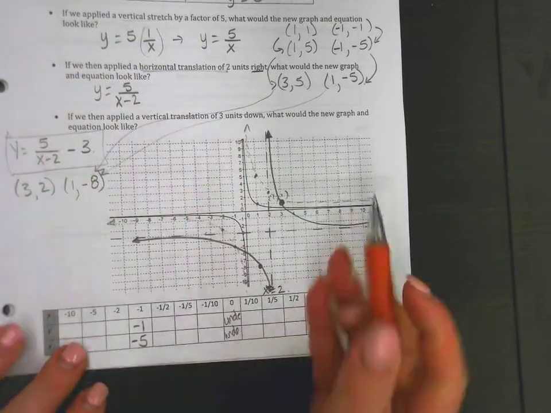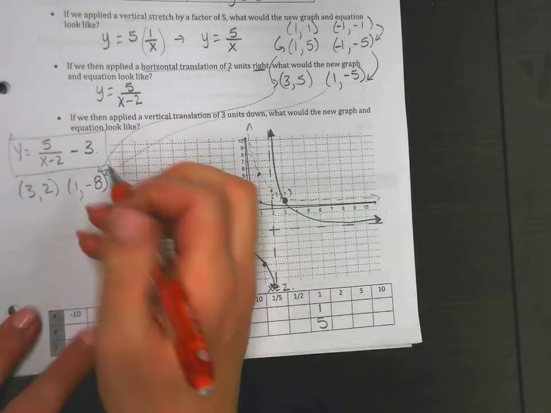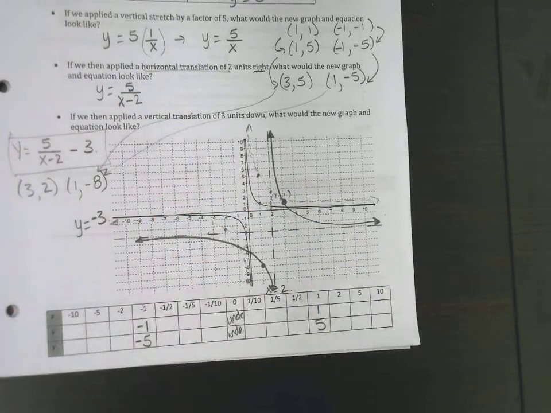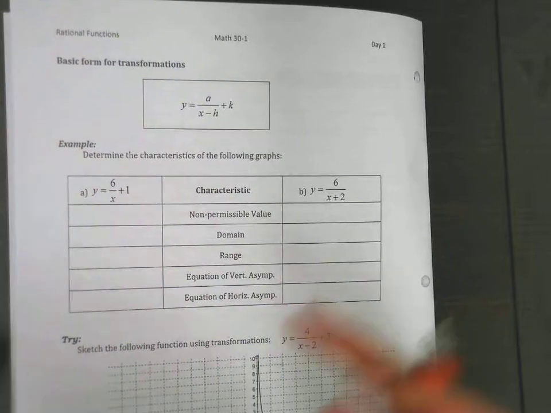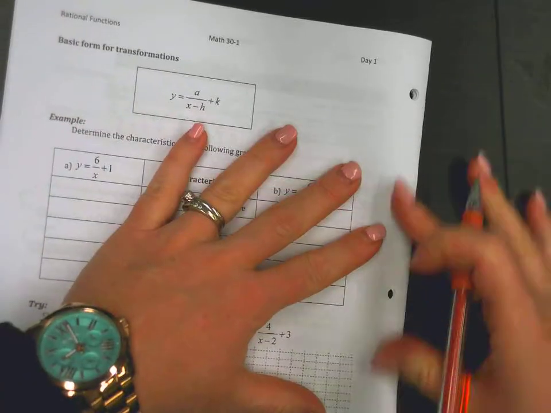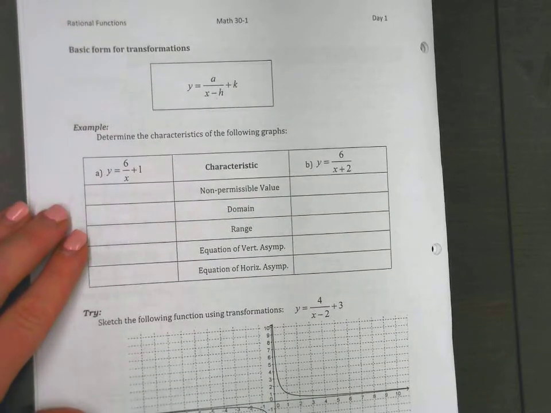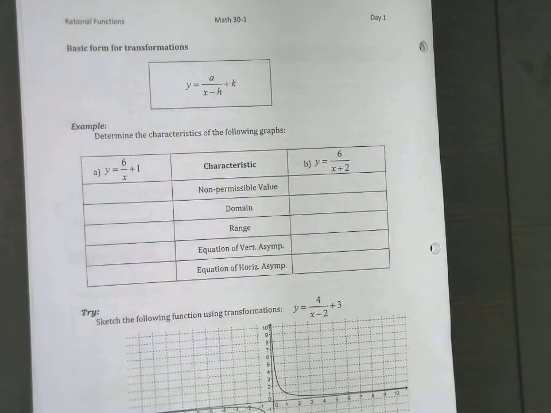All right, so moving on. The basic form for transformations looks like the following. When we talk about transformations, we're going to see this a over x minus h plus k. The reason why there is no b value here is because technically our horizontal and vertical stretch will always be combined into just one, a vertical stretch.